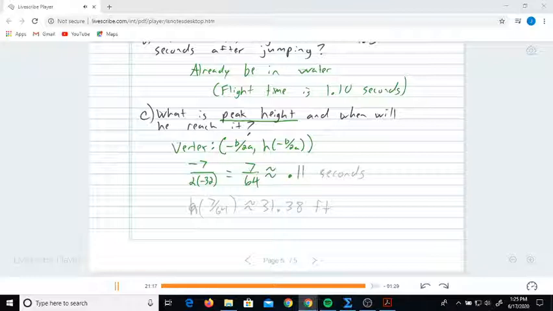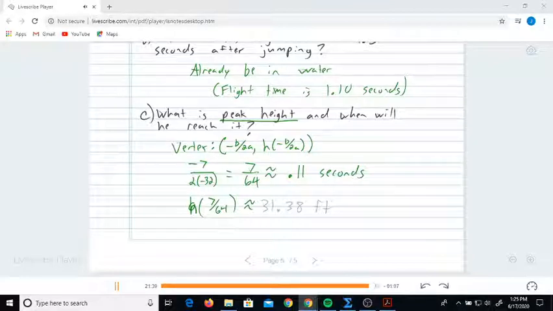We get 31.38. So that's the peak height and time. So the highest this diver is going to be is 31.38 feet above the ground, and the diver will reach that height at 0.11 seconds after flight.